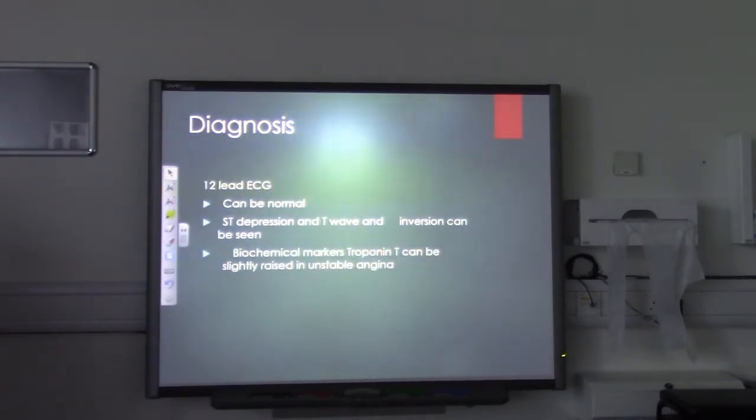Diagnosis here, again 12-lead ECG, again it can be normal, however we can see ST depression and T-wave inversion. We're now starting to think about biochemical markers, and troponin T, which is very specific and is elevated with damage to the myocardium, can be slightly raised in unstable angina, but again that can also be fairly normal.